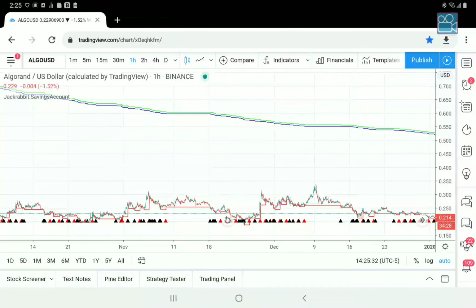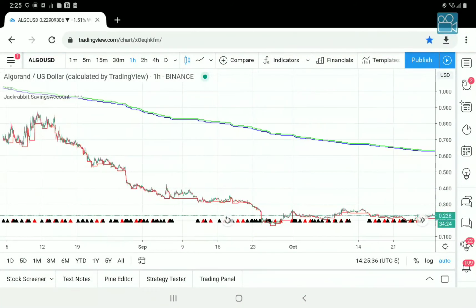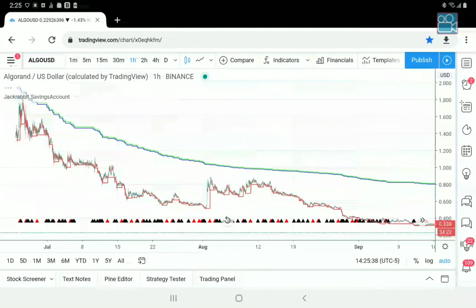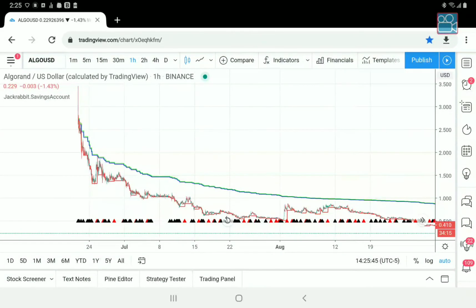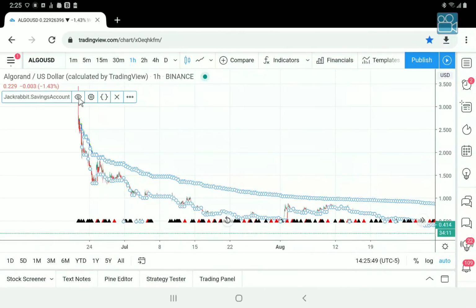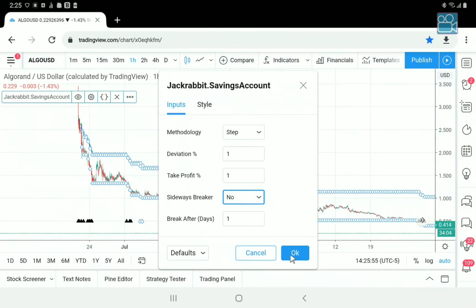Look at how horrible this coin is. A complete Frankenstein coin. All the way up to its inception on TradingView, it's been one nightmare after another. Let's turn off the sideways breaker and see if it has any redeeming effects.